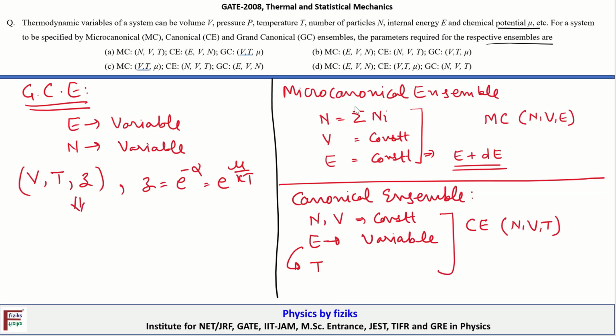So in the grand canonical ensemble formulation, the description is carried out using the volume, temperature and chemical potential. Therefore option B is the correct one here.